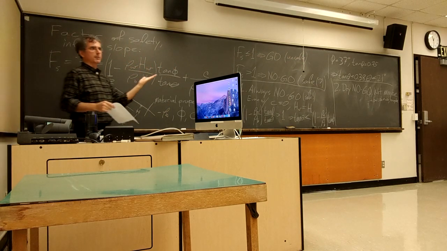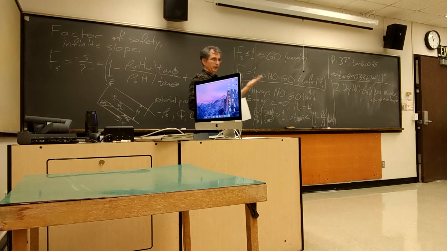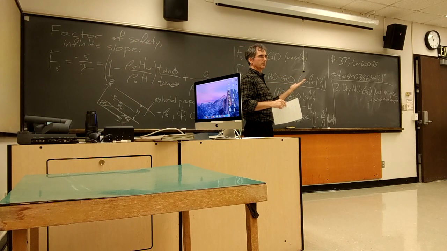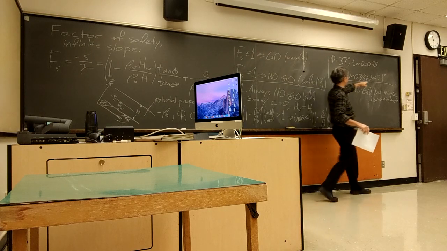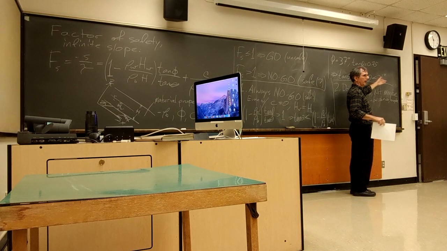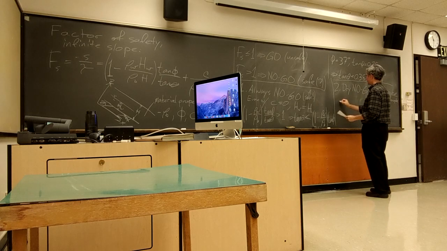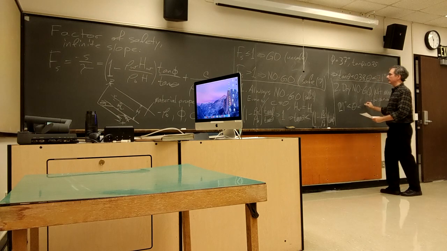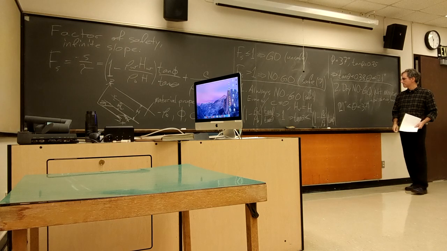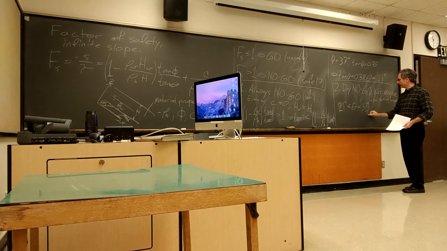Because we know that the dry material is going to be stable if the slope is lower than the angle of repose. And we know that it could become unstable if the slope is greater than 21 degrees when wet. So this is for slopes between 21 degrees and, in this case, 37 degrees, that's equal to phi.